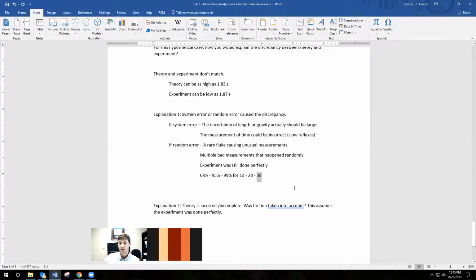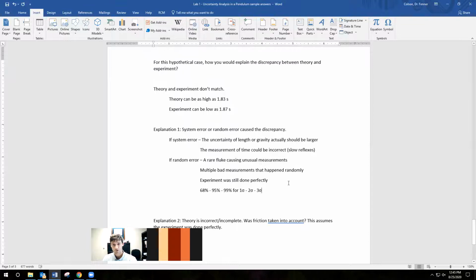So it is possible that some random effect happened, so that maybe some radiation hit the inside of the stopwatch and caused it to read something different. Something really strange happened, but essentially random. So you have intervals over which you're confident.